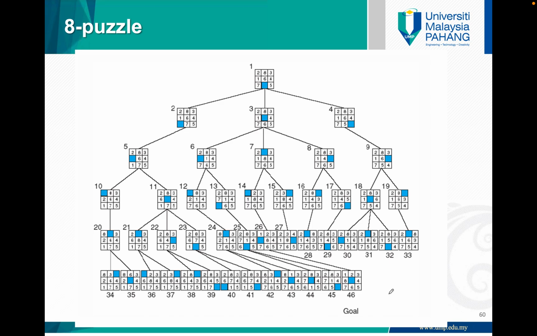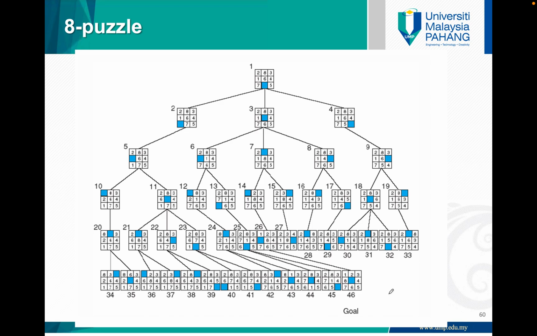But this one can increase the limit. It terminates when a solution is found. Once it finds the solution, it will be terminated, or if the depth limited search returns failure, meaning no solution exists. All right, so that's the definition of IDS.